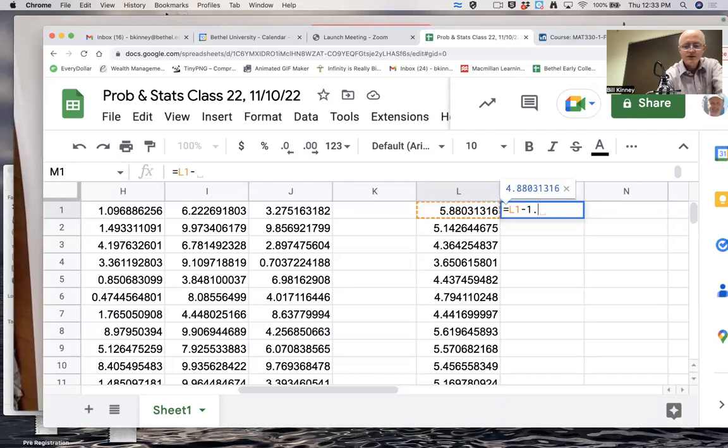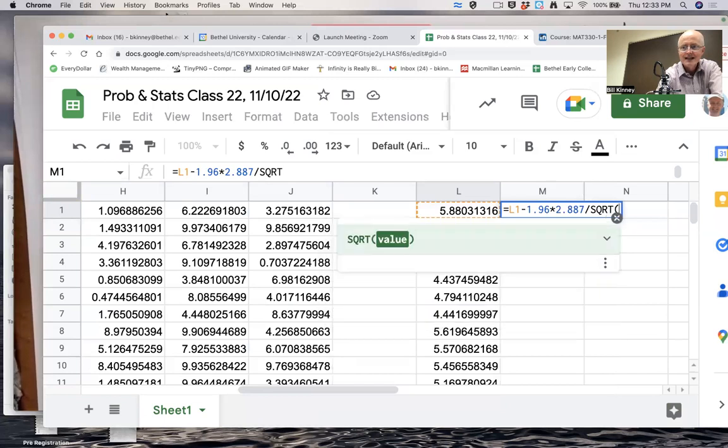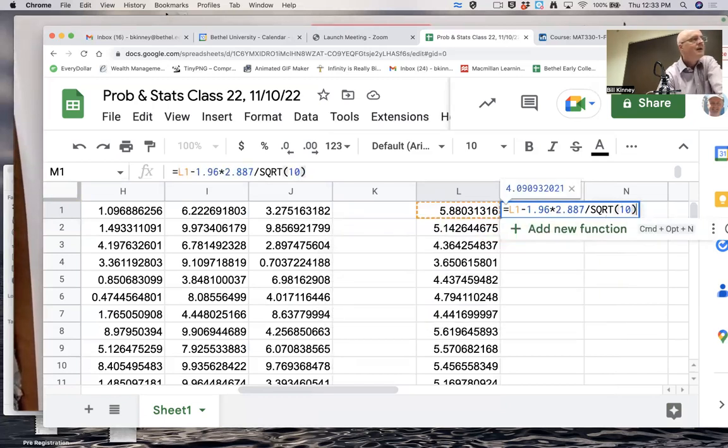I'm doing a 95% confidence interval here. Times sigma was the square root of 8.3 repeating. That was the 2.887 divided by square root of n. N is 10. That'll be the left endpoint.